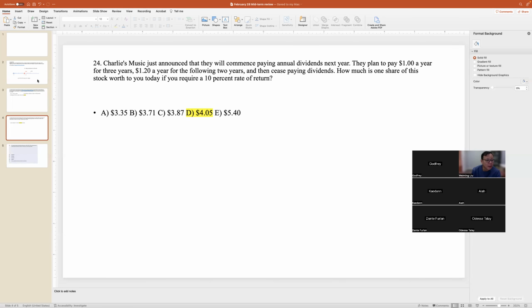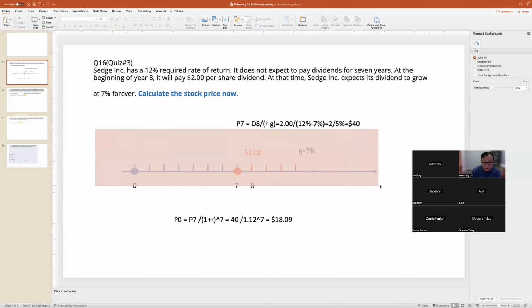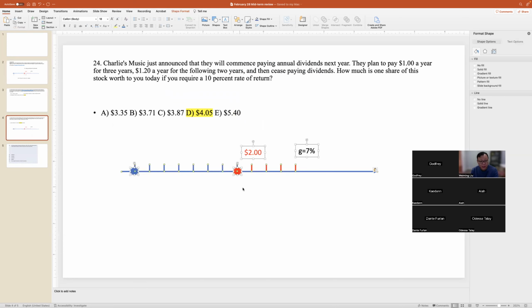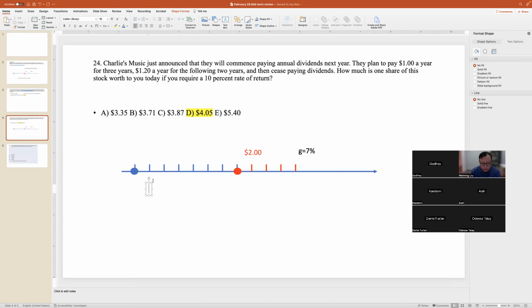Okay. So if I draw a picture, I'm just going to copy this one. So my understanding is year 0, and this is year 1, and 2, 3.